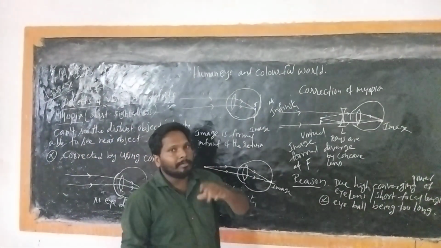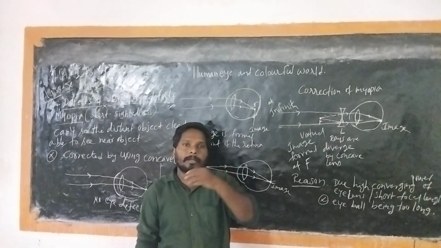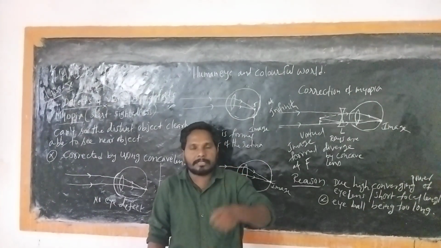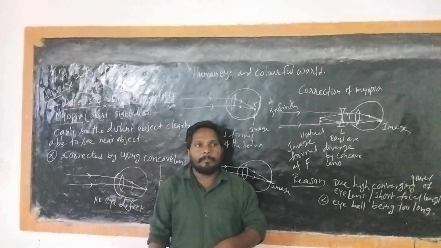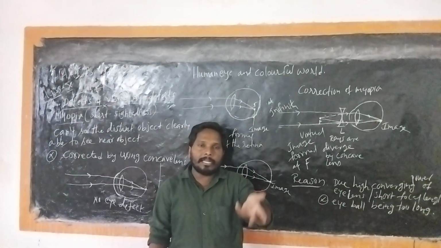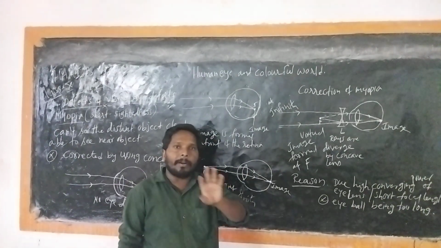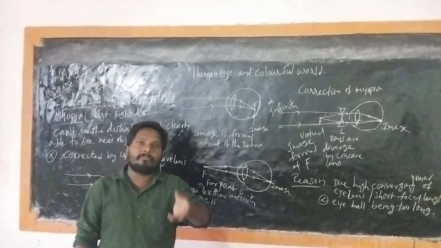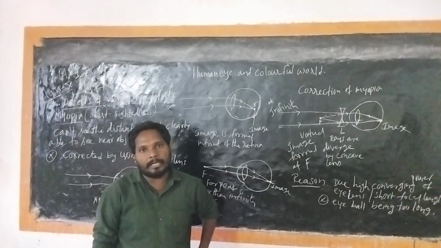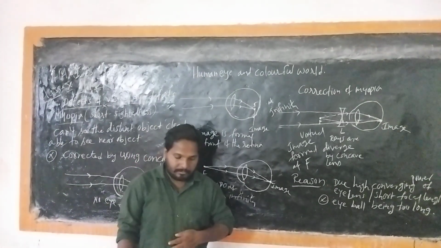As we discussed earlier, the ciliary muscles have the ability to change the converging power, or the focal length, of the eye lens. That ability of the ciliary muscles to adjust the converging power is called accommodation.